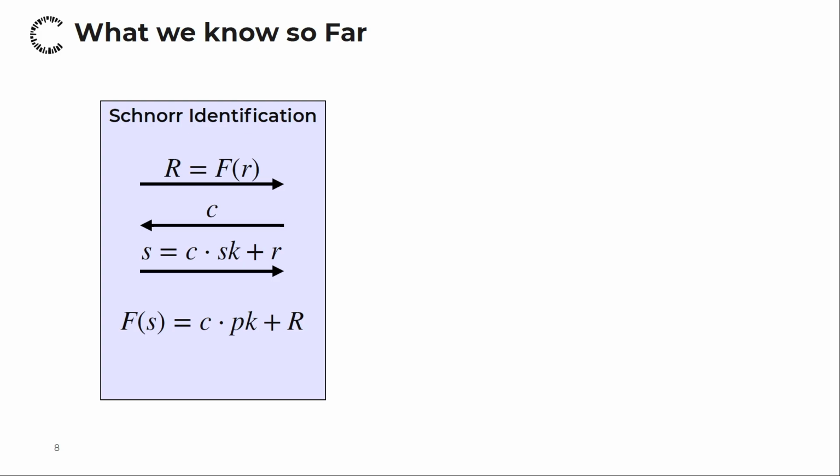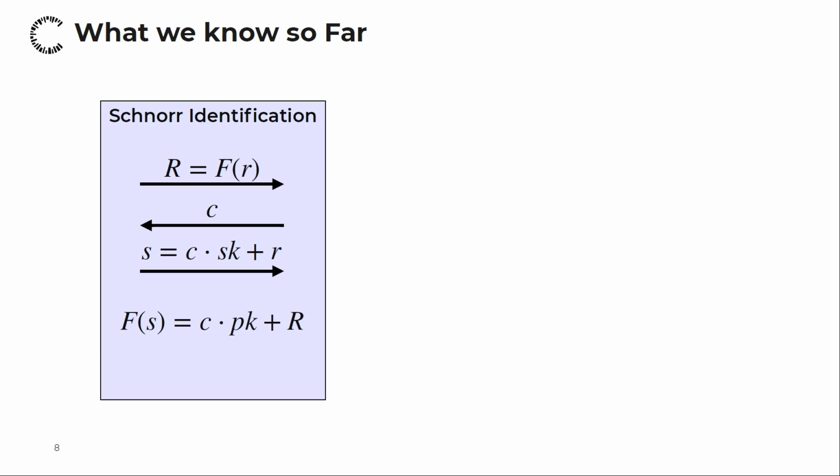First, there's a prover that sends a nonce R. It gets back a challenge C from the verifier, and then it has to output some response S. Again, the details are not important, but what you may notice if you are familiar with Schnorr signatures and Schnorr identification is that I replaced certain parts with this linear function f here.